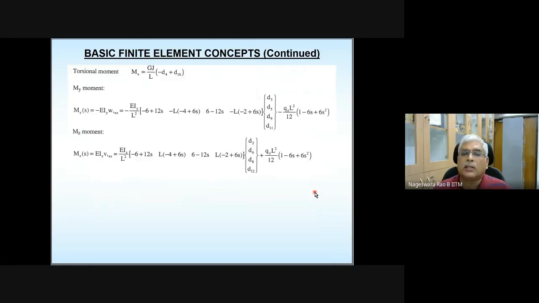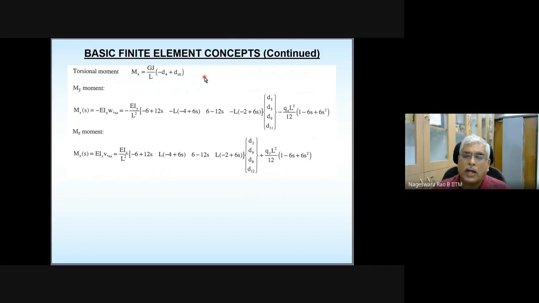Please note that for torsional moment you don't need to apply a fixed end correction, because torsional moment is not distributed along the length of the member.